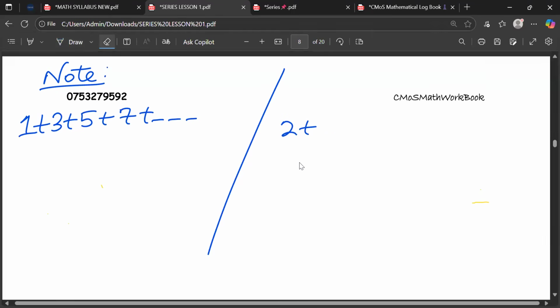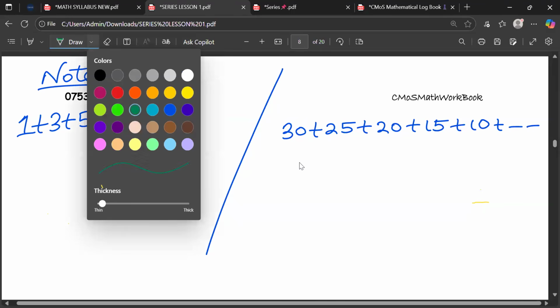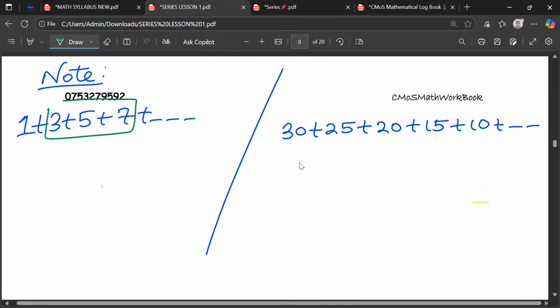Let me use subtraction. Maybe I begin from 30 to 25 to 20 to 15 to 10, like that. Now here I'm going to randomly choose these first three.